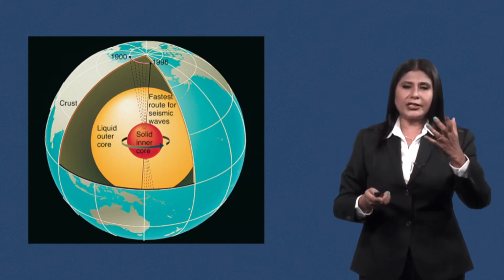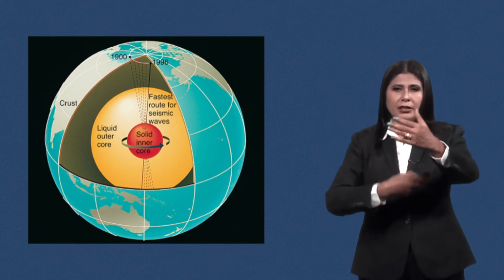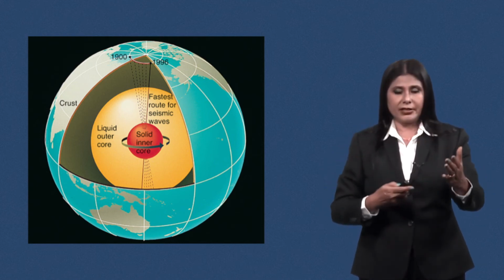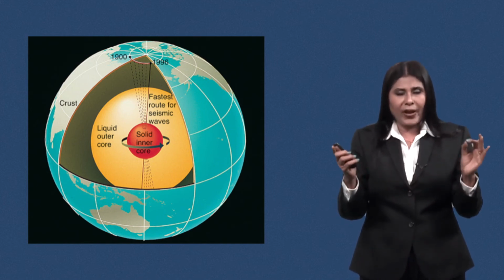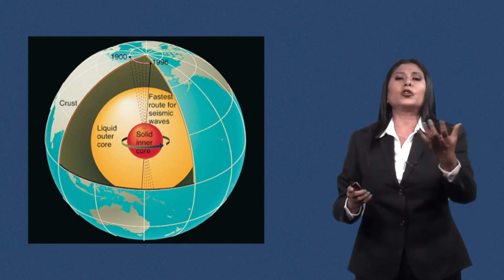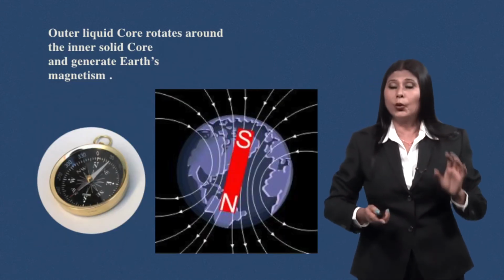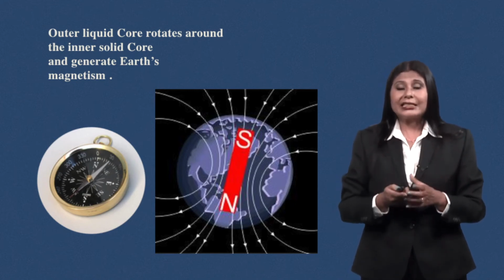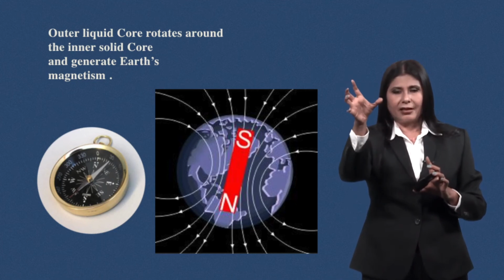And it is so interesting that they reverse their polarity in a few million years. We will see it once again in plate tectonics. So, this phenomenon of north pole and south pole is because of this arrangement of outer liquid and inner solid core. So, Earth looks like a bar magnet, as if a magnet is buried inside.